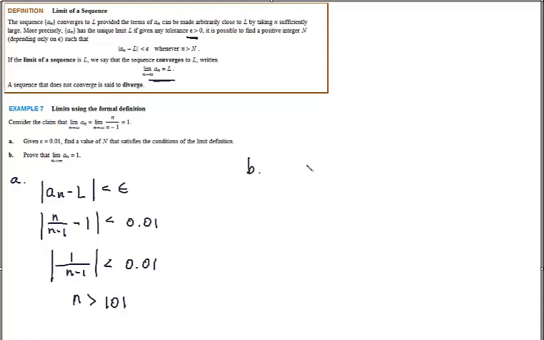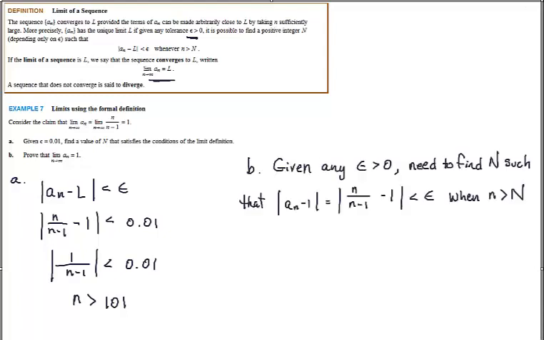So we'll go ahead and note that given epsilon, we're going to need to find some n such that whatever value I have for this sequence minus that limit is less than epsilon whenever my n is greater than some value, and I'll need to find that value.